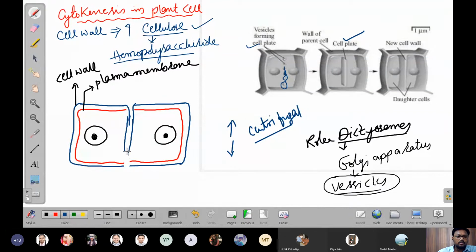And inside that, a new plasma membrane will secrete. And between the cell walls, what will be there?